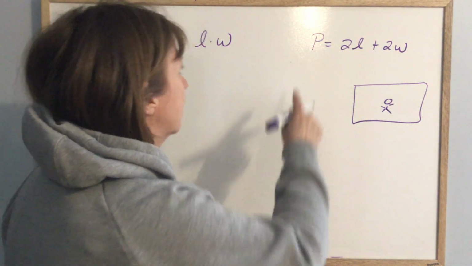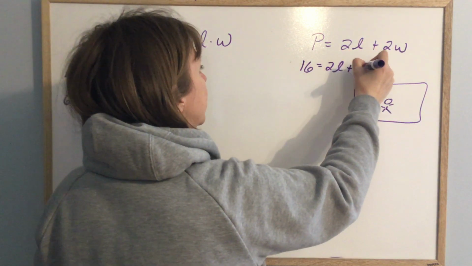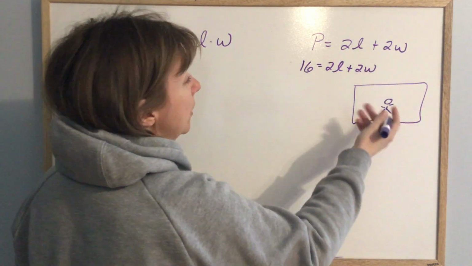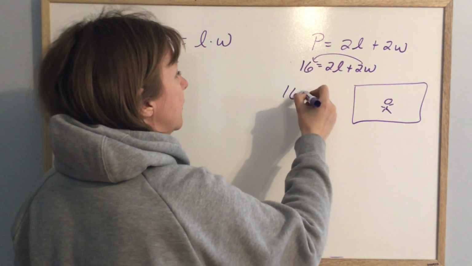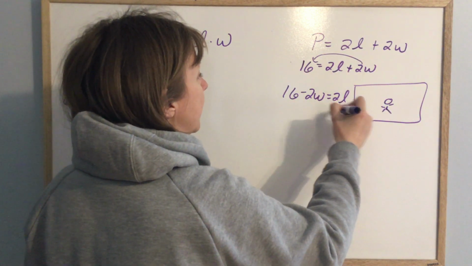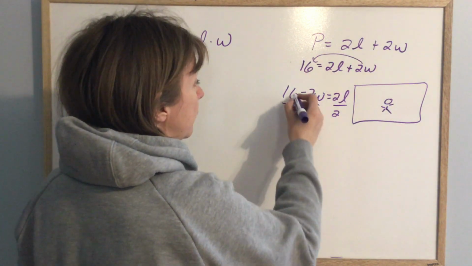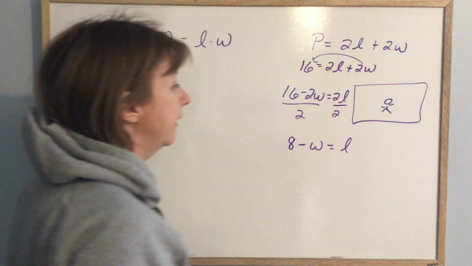That's why we have this. Perimeter, I have 16 meters of fencing. So if I move, say, this over here, I have 16 minus 2W is 2L. If I divide both sides by 2, I have 8 minus W is L.